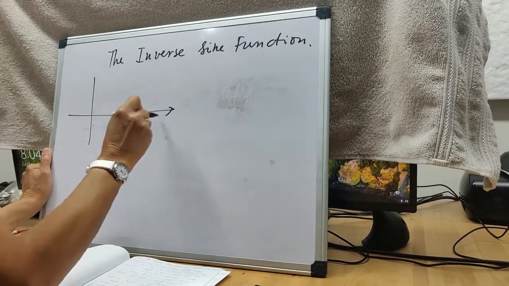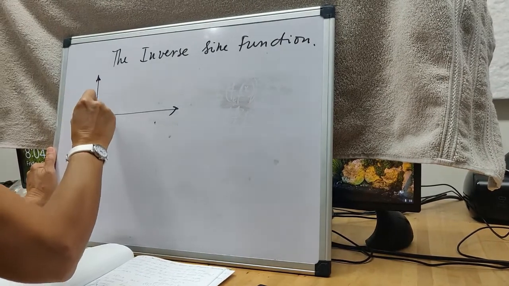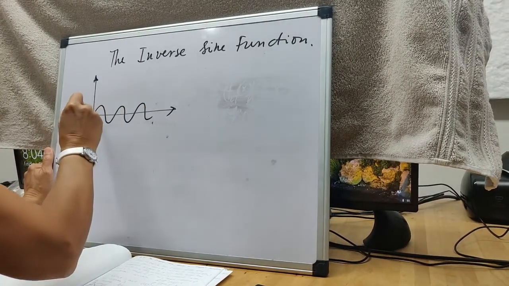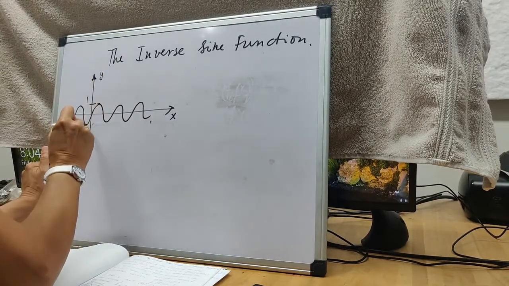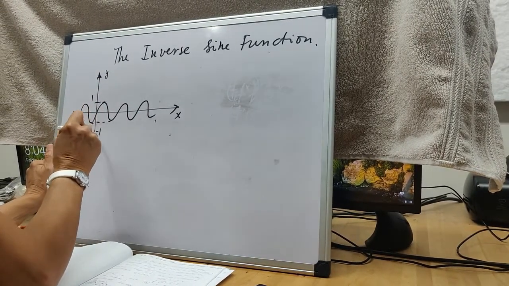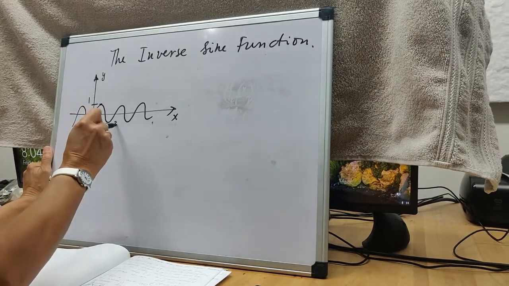Imagine that we have a sine, everyone remembers, a snake shape going along the x-axis, x here, y here, 1 here, negative 1 here, right? 2 pi over here.